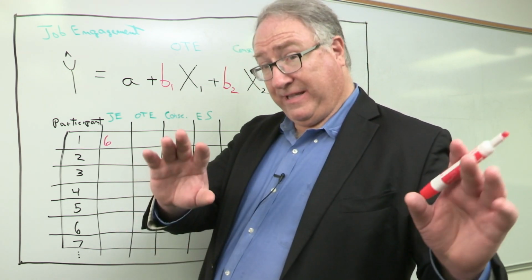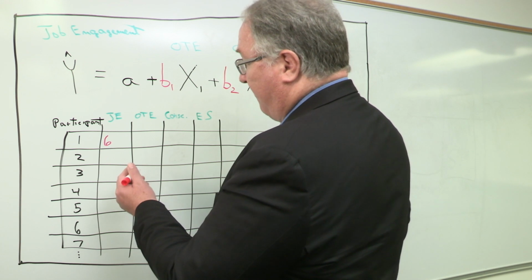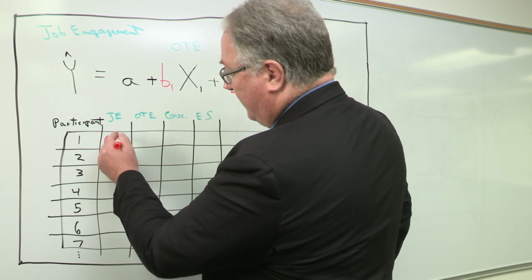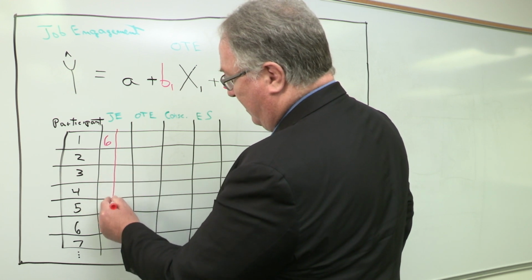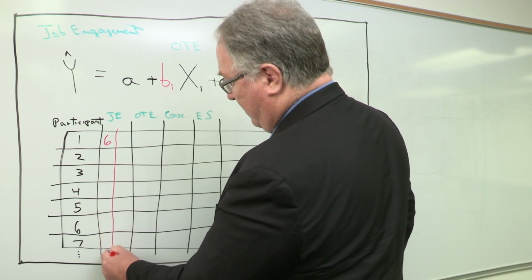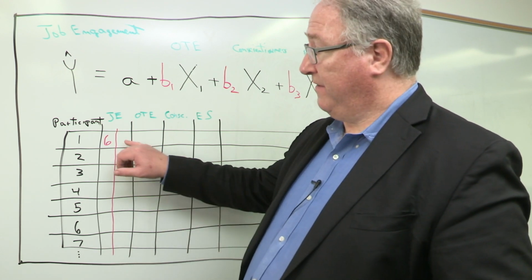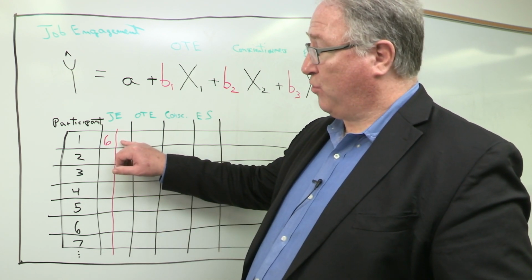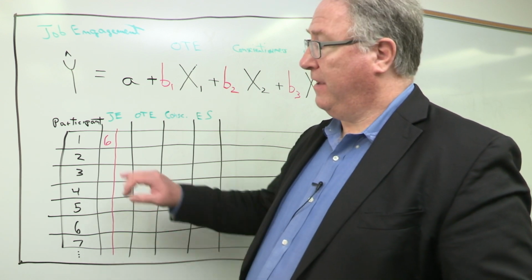But I'll get that to you later in terms of what that second score is. But for right now, what I'm going to do is I'm going to go like this, because that way I leave room for what that second score or value is on the outcome variable measure for each of your participants.